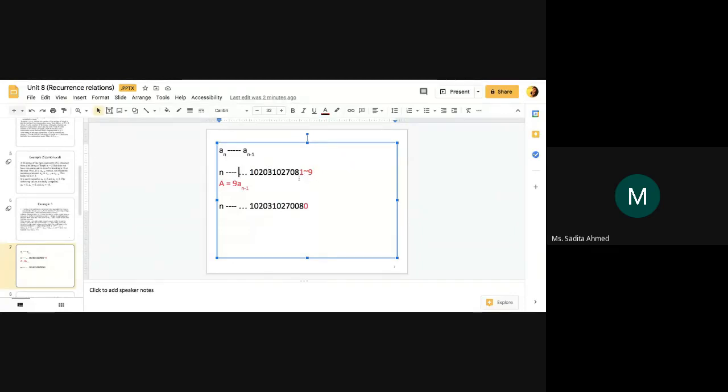You could just as well have a digit string of this format where you add a 0 and it still remains valid. এরকমও তো থাকতে পারে না যে 0 add করেছি and it's still valid. 0 add করার পরেও there are even number of zeros there. All right? Is it not possible that 0 add করার পরে we still get even number of zeros and it still remains valid? It's possible.